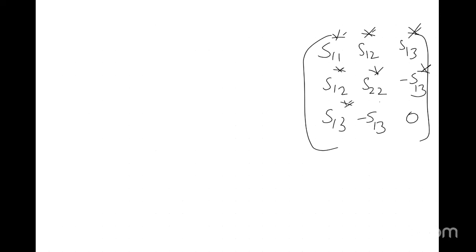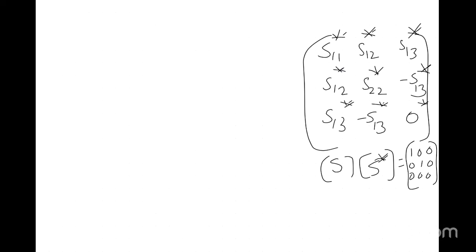So one matrix times its complex conjugate matrix is equated to the identity matrix: 1, 0, 0, 0, 1, 0, 0, 0, 0. After equating, again we have to follow a few conditions.